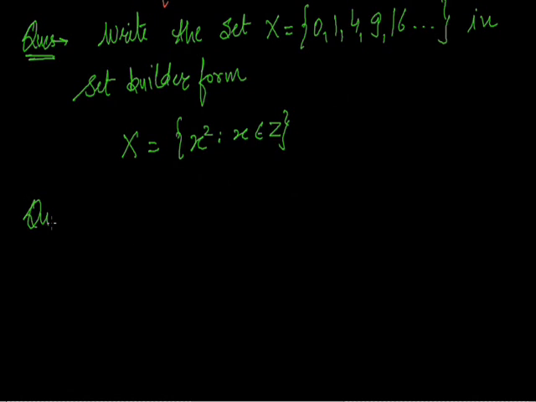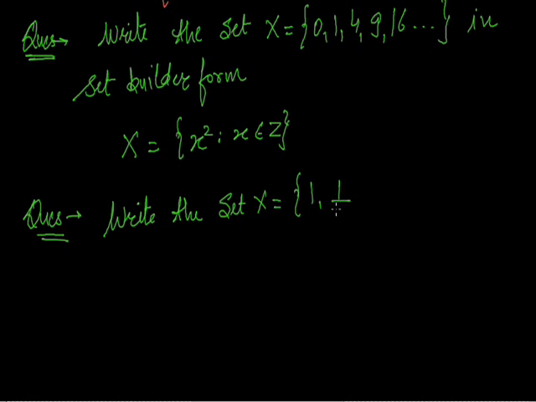Write down the next question. Write the set whose elements are 1, 1 by 4, 1 by 9, 1 by 16 and so on, in set builder form. Starting the curly braces, we see in the set 1, then 1 by 4, 1 by 9, 1 by 16. It means 1 square, then half square, 1 by 3 square, 1 by 4 square.